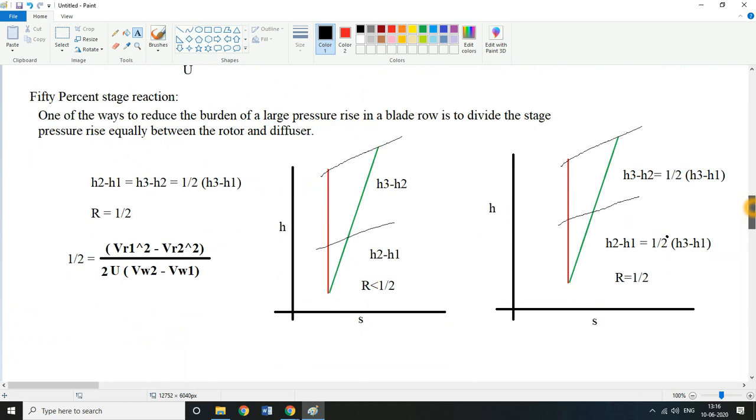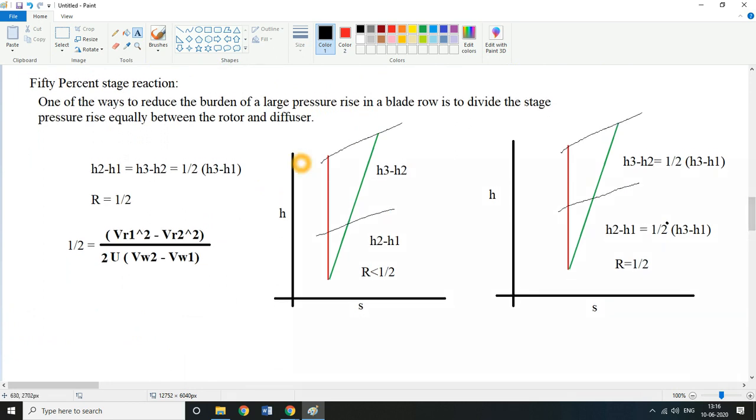Next, if we talk about 50% stage reaction, what is 50% stage reaction? We know the degree of reaction to be the ratio of actual change in the rotor divided by actual change in the stage. If you divide the overall stage change into equal parts, firstly from 1 to 2, that is the rotor stage, and 2 to 3, that is the stator stage.